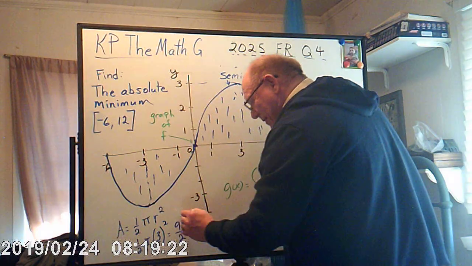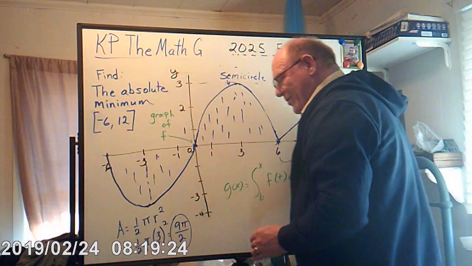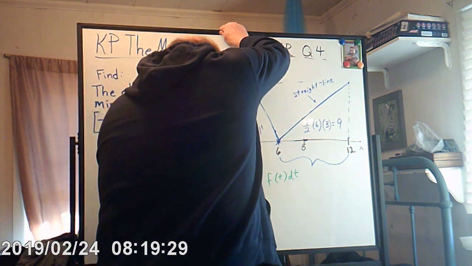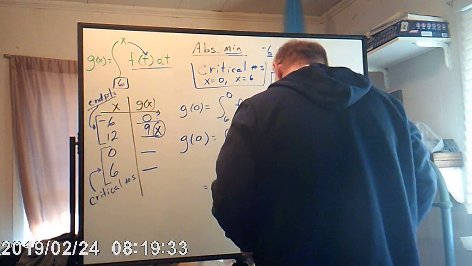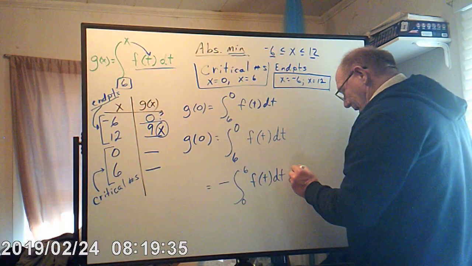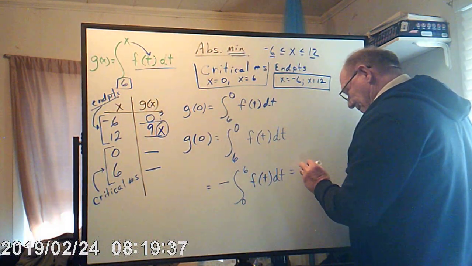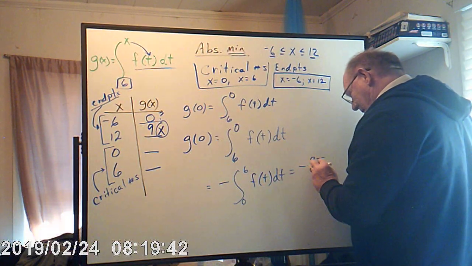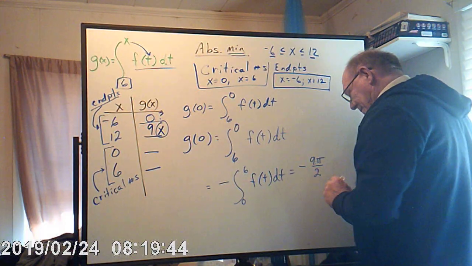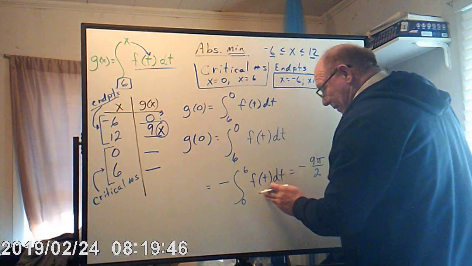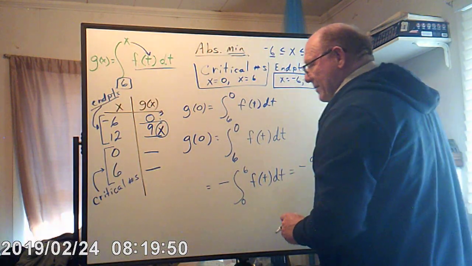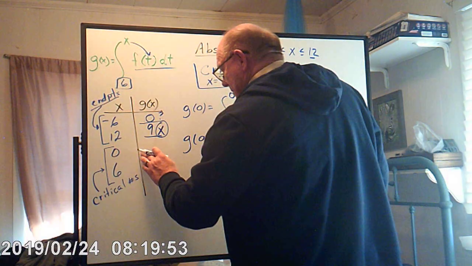But remember, we are taking the negative sign. So whatever we found this to be here, we just took the negative of that. So negative 9 pi over 2.